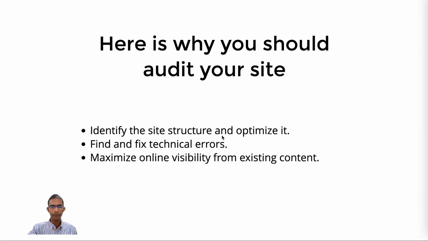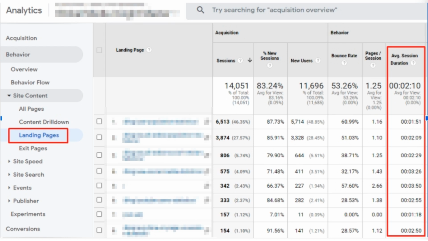Then another reason is to maximize online visibility from existing content. When your content has been on the site for some time, you can gather various data points for those pages. Data points such as how many visitors visited various pages, how much time visitors stayed on a certain page on average, and things like that.